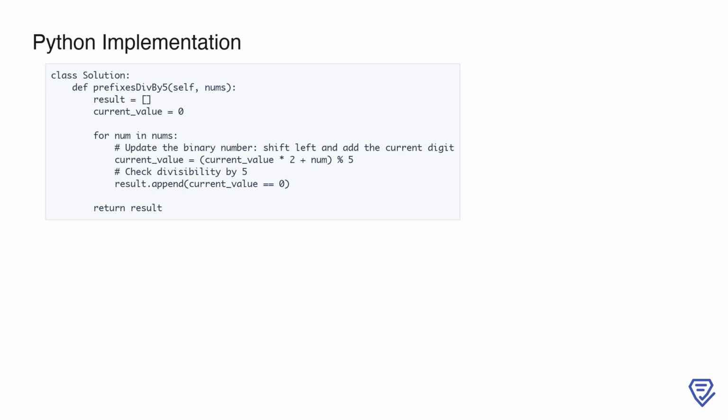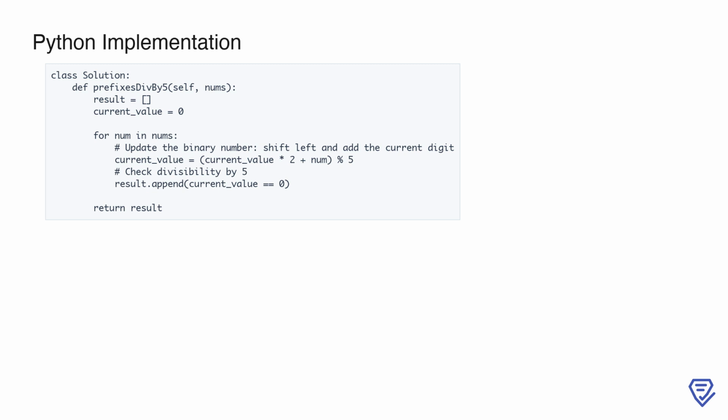For each digit, we update the current_value to account for the new binary digit. This is done by shifting the current value left, multiplying by 2, and adding the new digit. To keep the computation efficient, we take modulo 5 after the update. After updating the value, we check whether current_value is divisible by 5, i.e., equals 0.